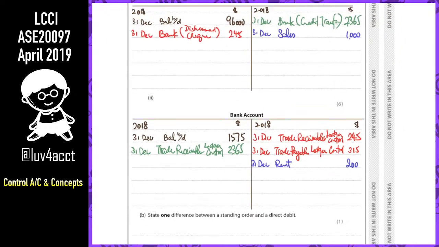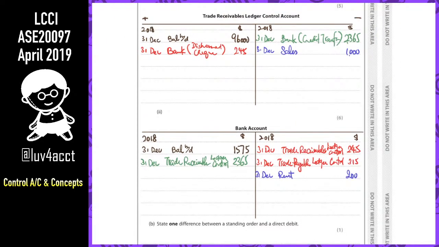Nothing more, so we will balance these two accounts. 96,000, 245, 2365, 1,000. It would be 92,880. 31st December, balance carried down, balance brought down, year 2019, 1st of January.